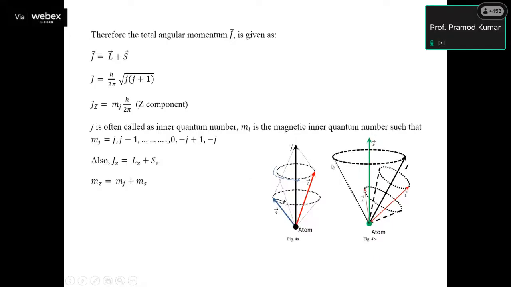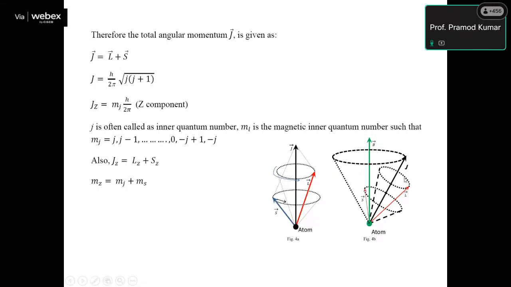Through the vector diagram, we can understand this. We have this orbital vector, which is coming due to the motion of the electron in its orbit, and at the same time the electron is also spinning about its own axis, so we have this S vector. The resultant vector is basically the sum of these two, like J equal to L plus S or L minus S, depending on the magnitudes of L and S. So how this behaves basically depends on these two.